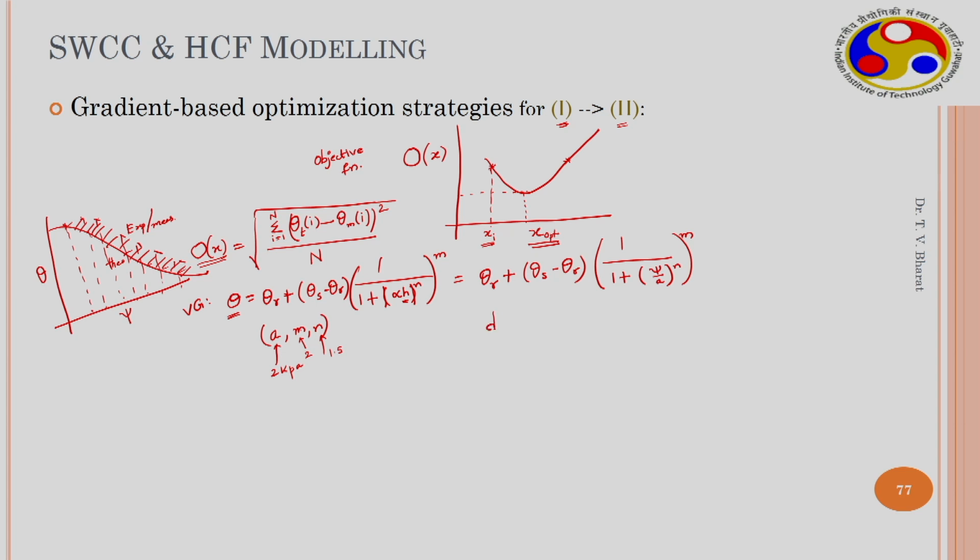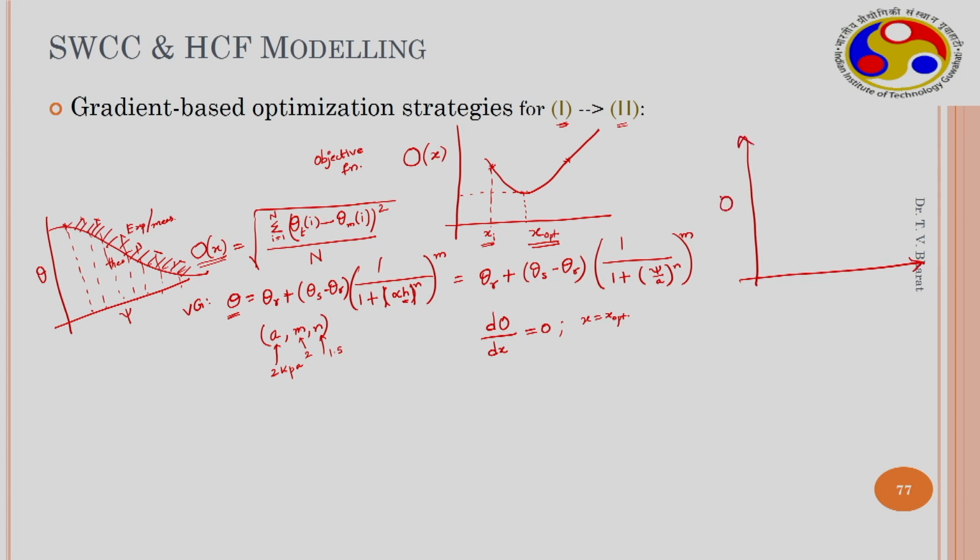A simple gradient technique uses the fact that the derivative of the objective function with respect to x should be 0 at the optimum, when x equals x optimum.